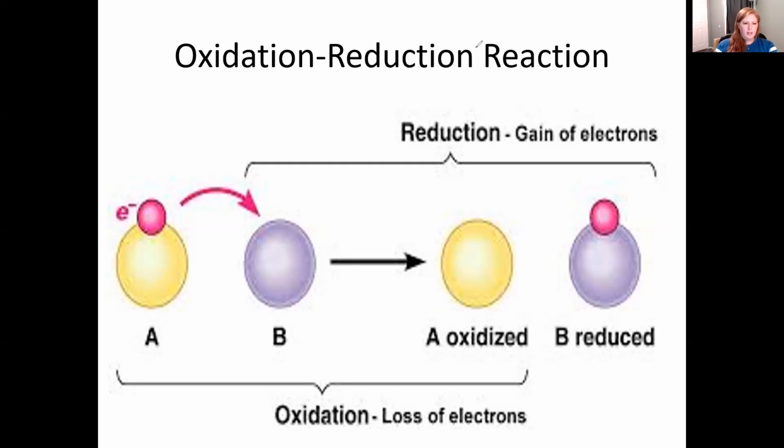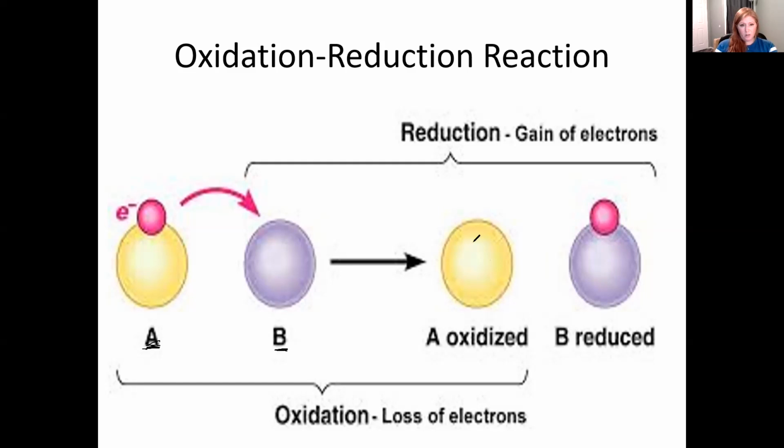So if we look over here, we have molecule A, and right now it has an electron, but it's going to be losing that electron to molecule B. When it does, A is oxidized because it has lost its electron.